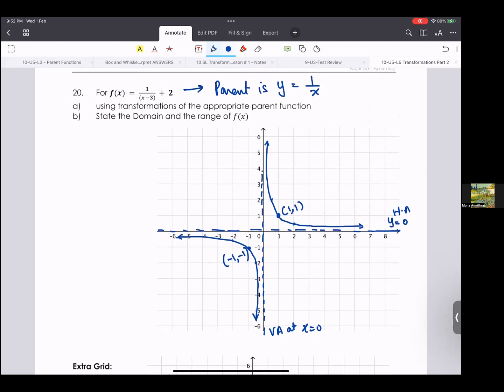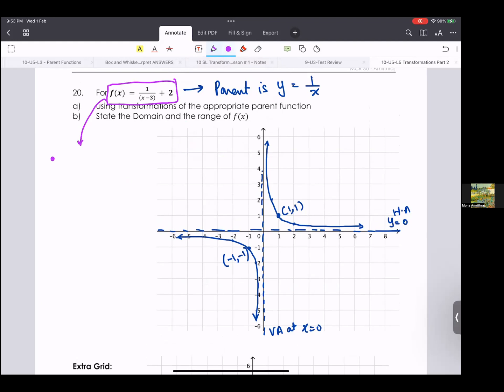Okay, we have to identify the transformations. So from here, we're looking for the transformations. What are the transformations? One operation is happening on the x, the other is happening on the 1 over x parent graph. In this case, the order doesn't matter. You can either move up 2 and then move sideways, or you can go sideways and then move it up.